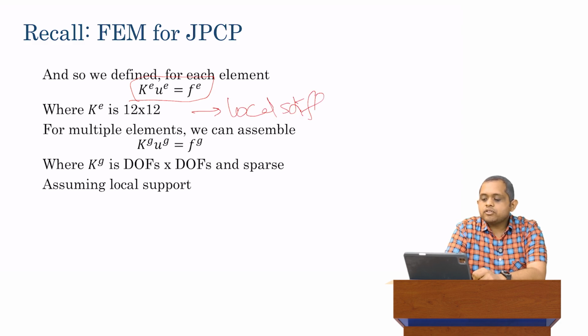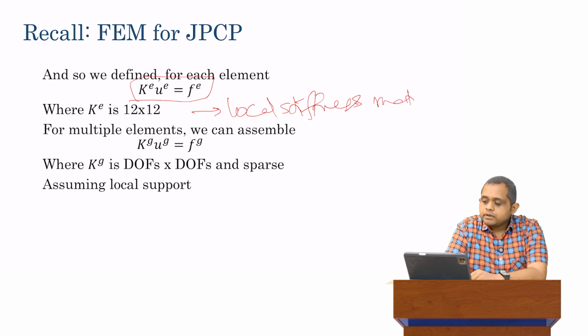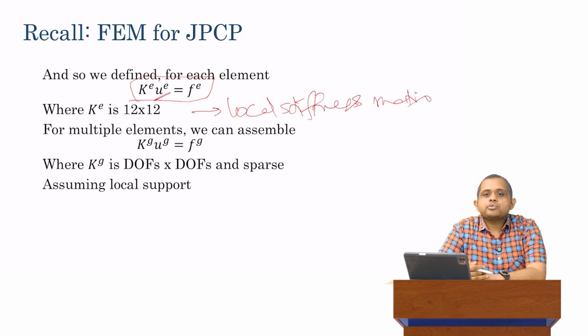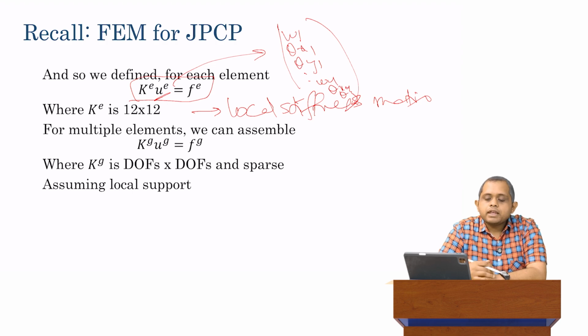It is the stiffness matrix of our 12 degree of freedom element, our 4-noded MZC element. And U_E, of course, was the vector of the degrees of freedom. That U_E we could have written as a vector W1, theta x1, theta y1, and so on till W4, theta x4, theta y4. And F_E, of course, is any external load, the equivalent external nodal load that we are applying.